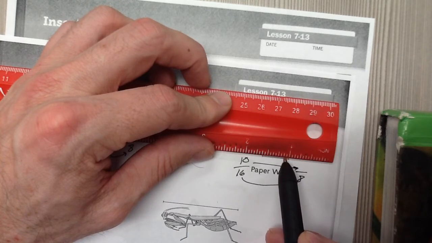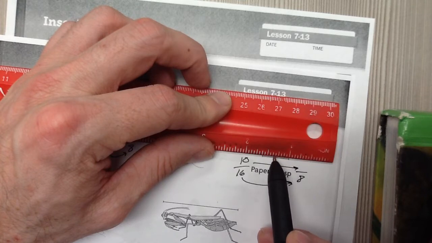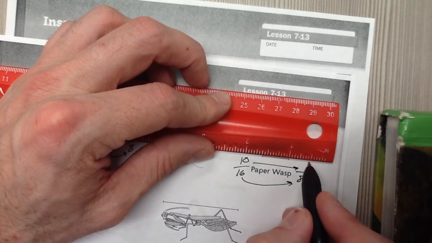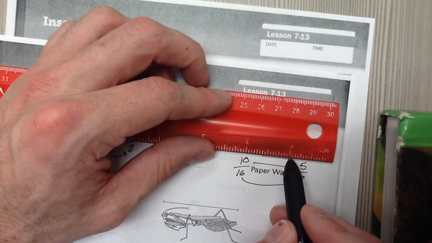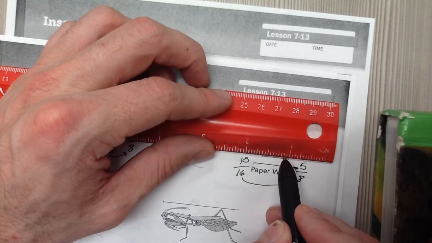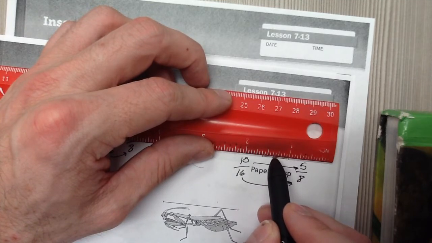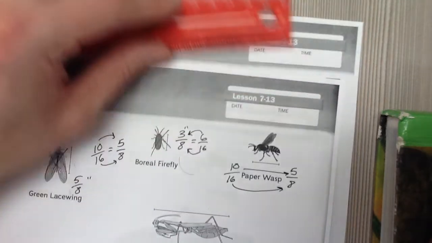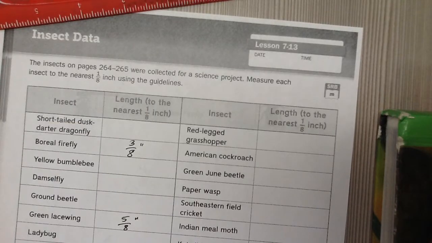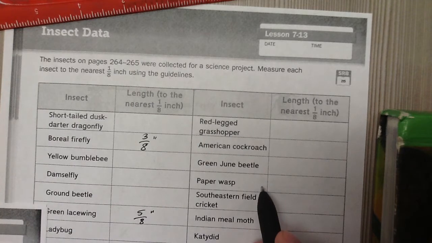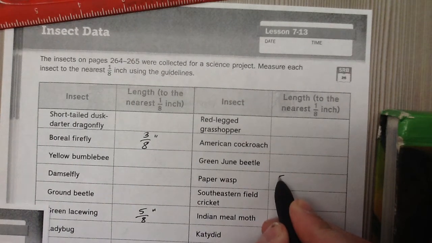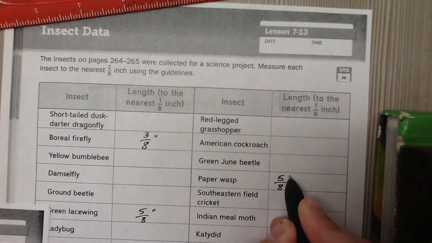There's 2 of them, that's 1/8, 2/8, 3/8, 4/8, 5/8. Each time, if I'm counting by eighths, I count 2/16 at a time. 1, 2, 3, 4, 5. So let's go back and find the paper wasp on there. The paper wasp is right here, and that is also 5/8 of an inch.